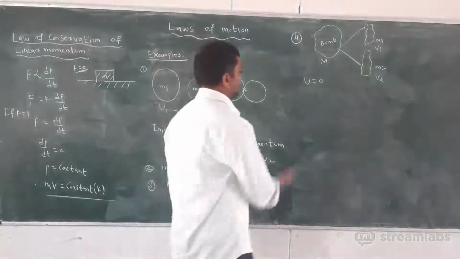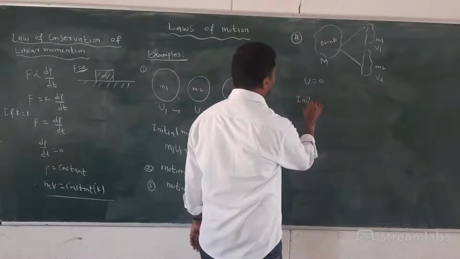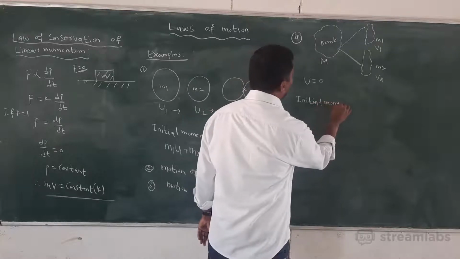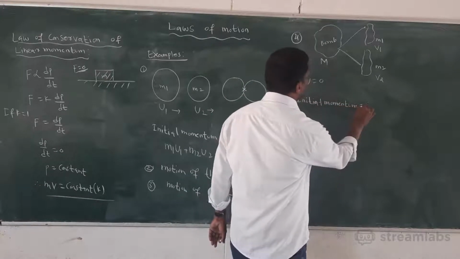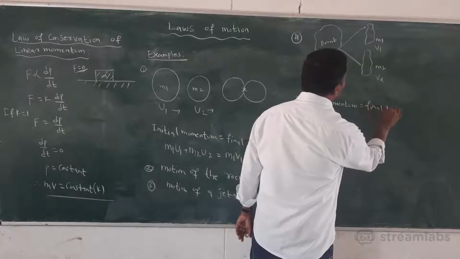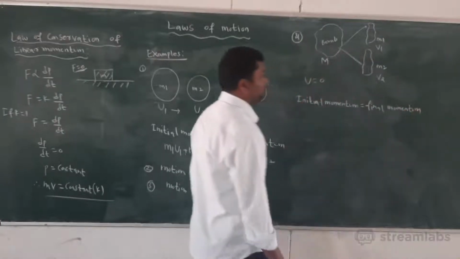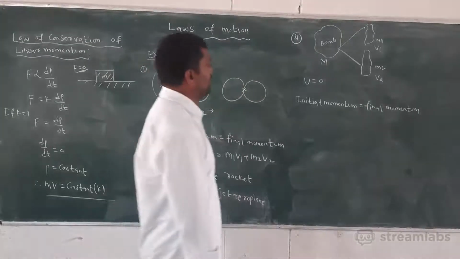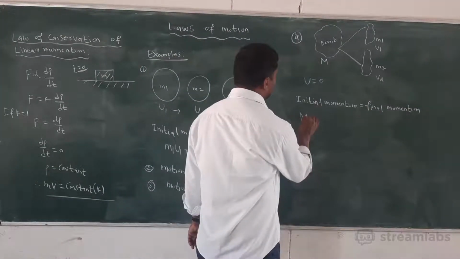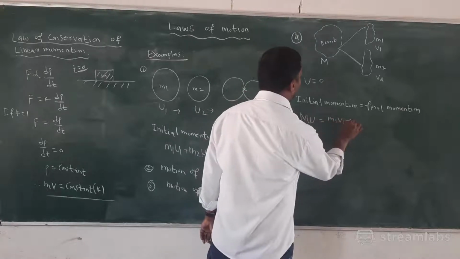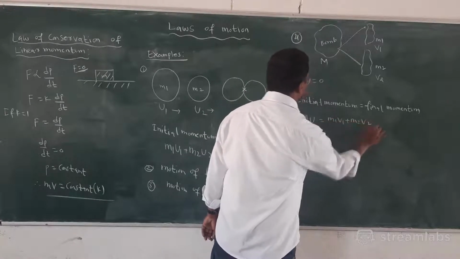So where we can take the initial momentum, the initial momentum is equal to the final momentum. The initial momentum will be m u, which is equal to m1 v1 plus m2 v2.